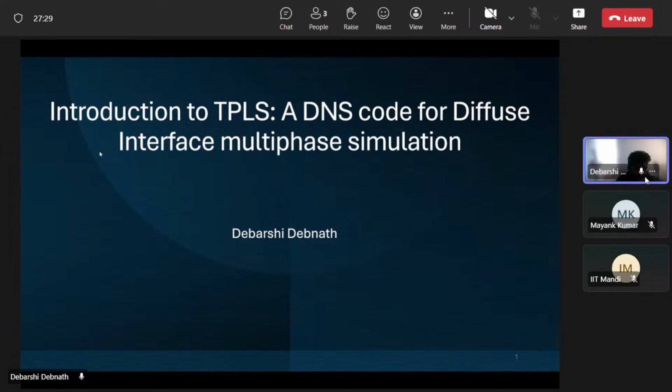So I'm going to continue from the last session, where I introduced the user interface code to you, which is called TPLS, the first level set.